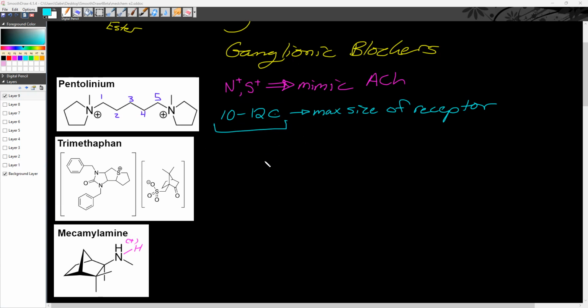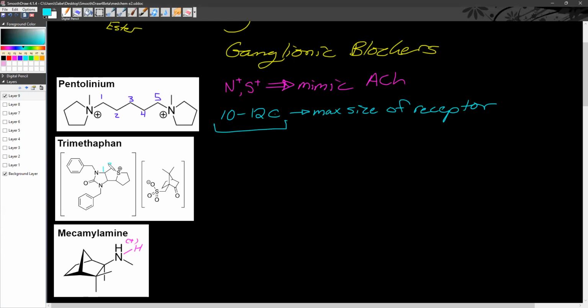But in terms of what you need to know for the drugs in this section, just know that having a 5-carbon distance, same thing here, we have 1, 2, 3, a 3-carbon distance. So each one of these enables a perfect fit within the receptor.